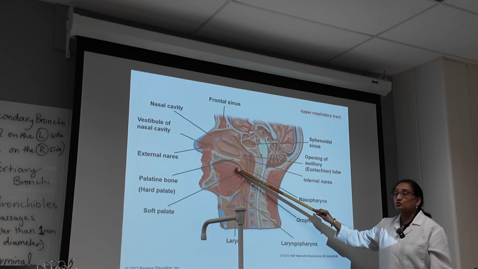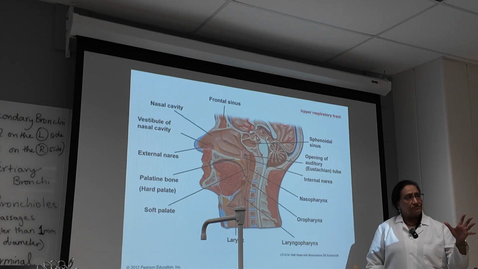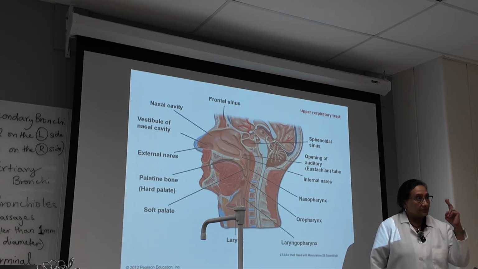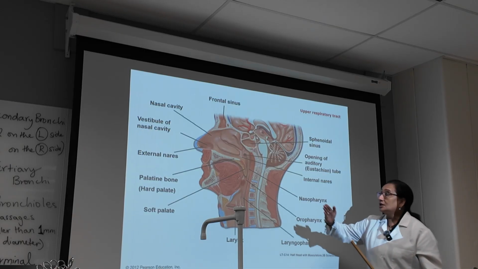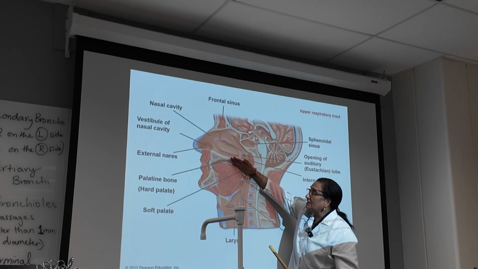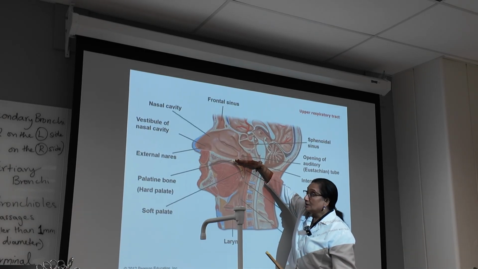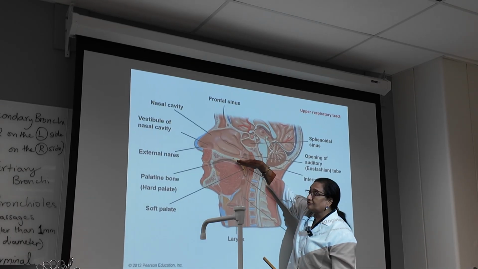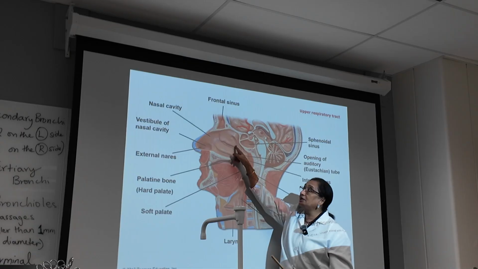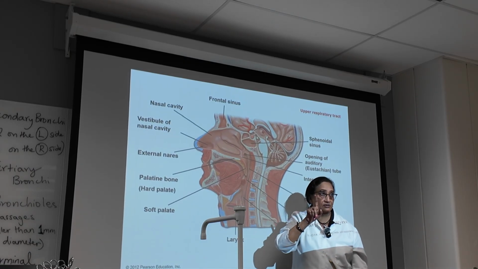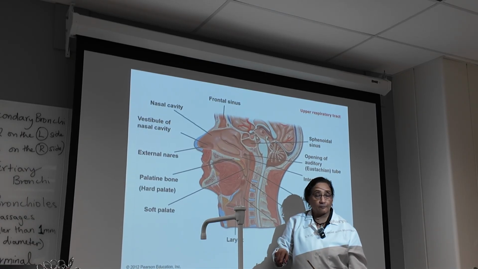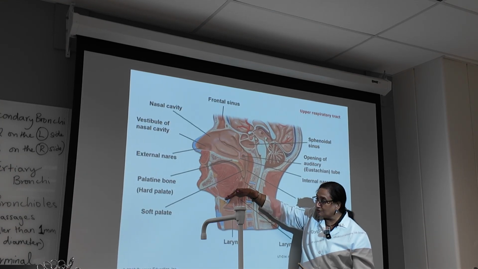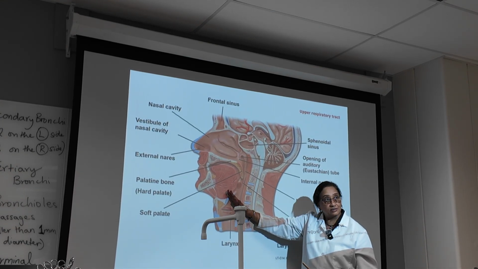Whenever you're swallowing liquid or saliva or food, there are two things that have to happen. One, the soft palate has to lift up. It's hanging down like that, soft palate and uvula. It has to lift up and close the opening into the nasopharynx and the nasal cavity. The epiglottis, which is a leaf-like structure, has to fall down like a flap.